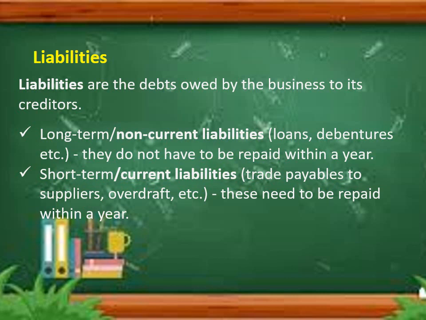The current liabilities could be the trade payables to the suppliers or maybe the overdraft facility used from a bank, and these are mostly the payables within 1 year's time period.